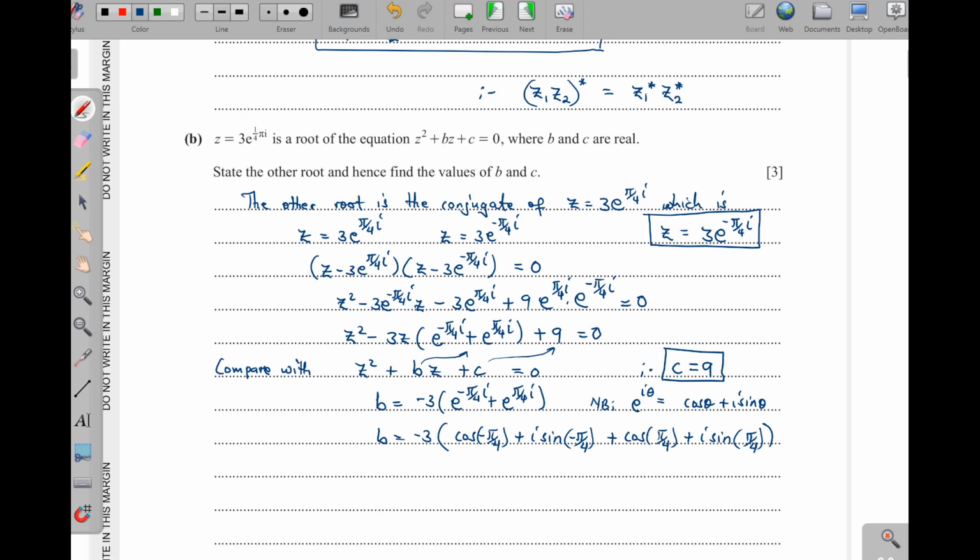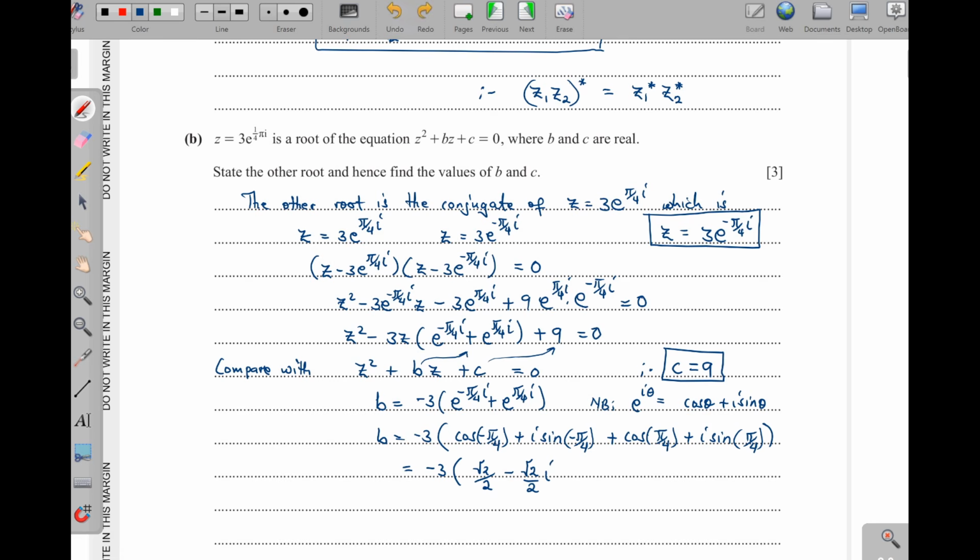Then after this one here, we get now the answers. What do we have? This is negative 3. Cos of a negative is the same as cos of a positive. So cos of pi over 4 is root 2 over 2. Then the sine of the negative is negative sine of the positive. So here we shall get a minus, then root 2 over 2 i.